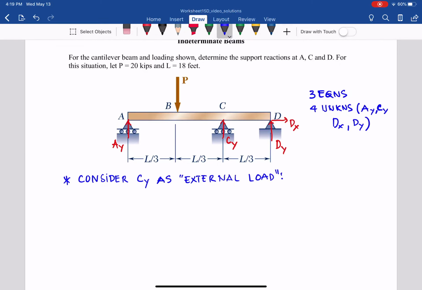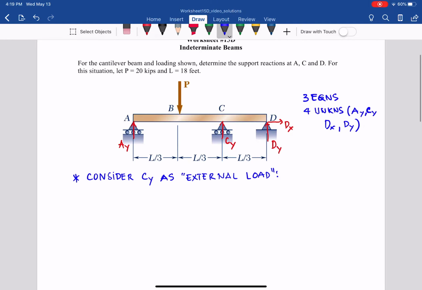So here, what do I have? The original beam here, and we have the roller at A and pin at D, and you can see that we have the load P of 20 kips going down at B, so that one here is 20 kips, and then we have CY.